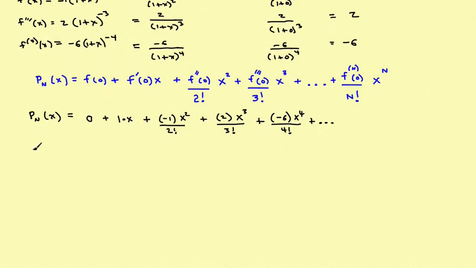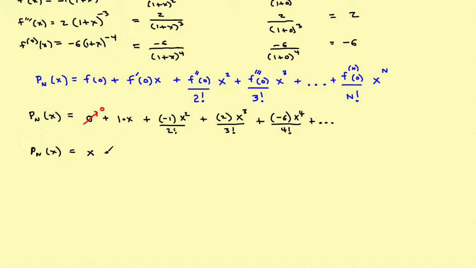So what this is going to be would be p sub n of x. And a couple things you can do here. This term is 0, so basically it just disappears. So this would be equal to, now the first term is going to be an x. Then the second term is going to be, this will be a -1, and 2 factorial is 2.